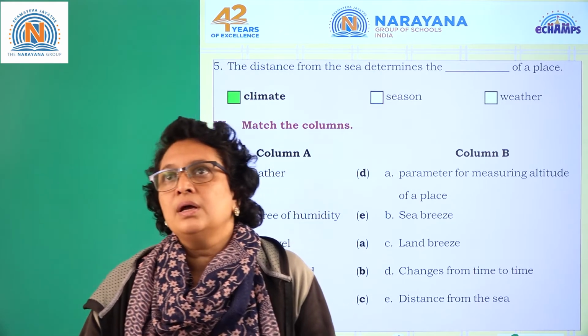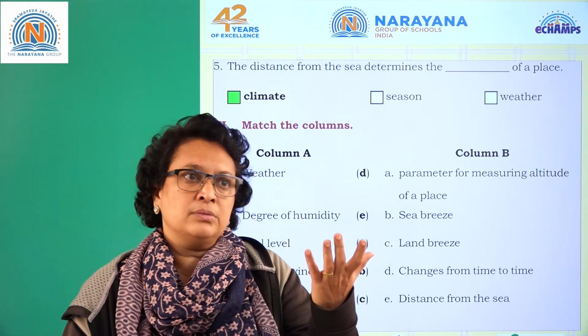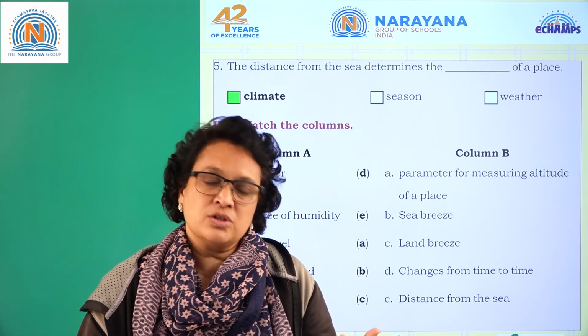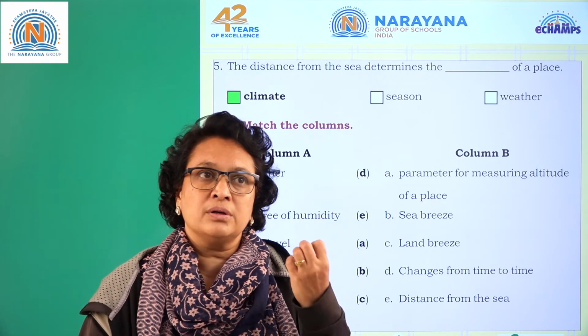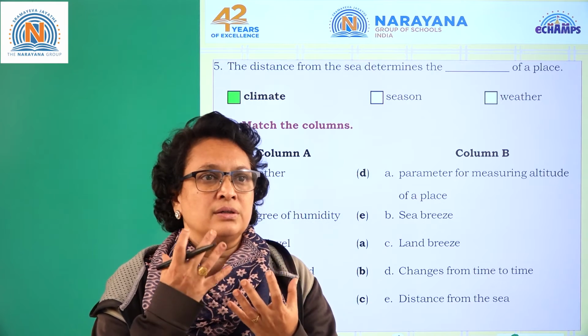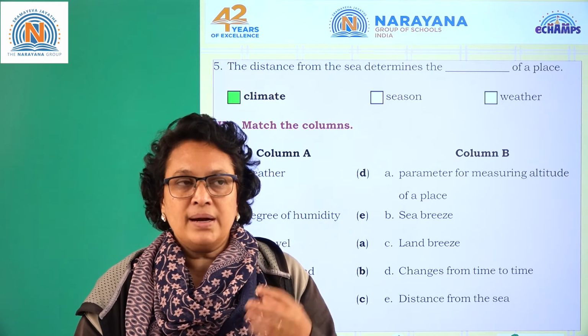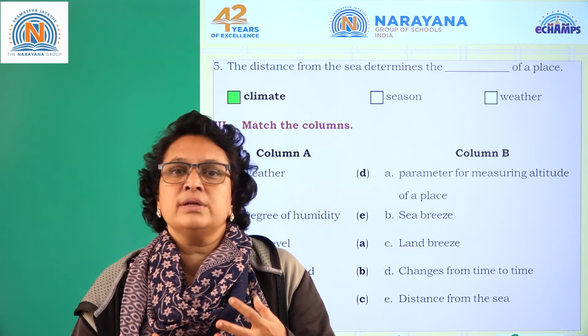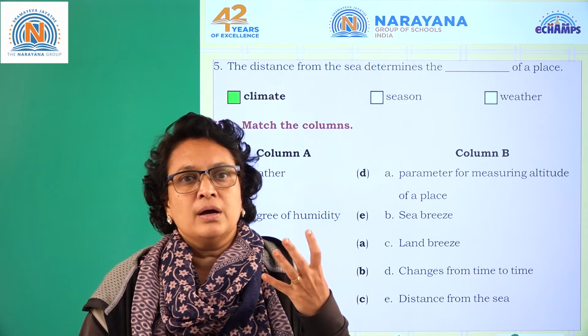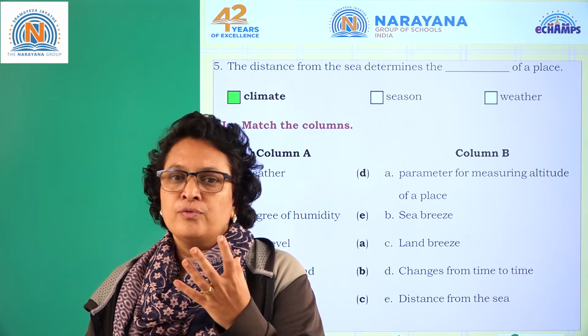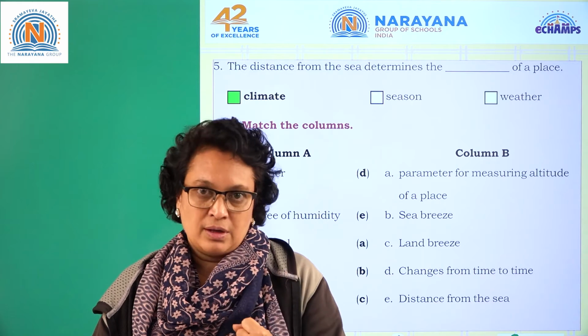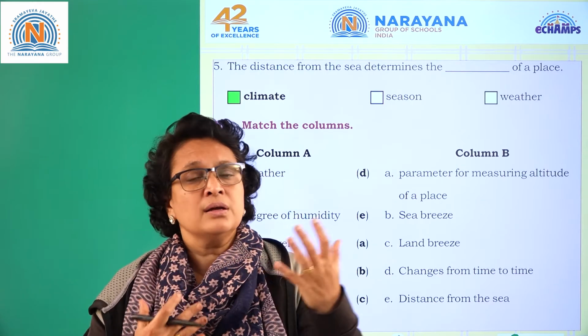For example, in Himachal Pradesh, during winter there are some areas where they get precipitation in the form of snowfall, right? But here in Hyderabad or the Deccan Plateau region, you get precipitation in the form of liquid, rain. So this determines the climate.